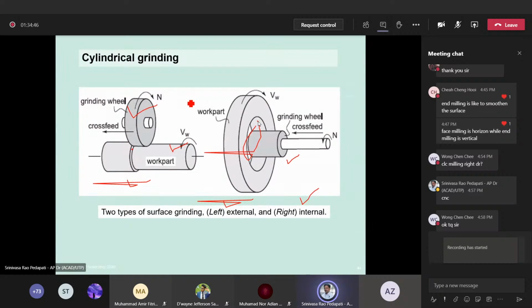Can anybody guess what centerless grinding is? Actually, the principle behind the working is based on the name itself.